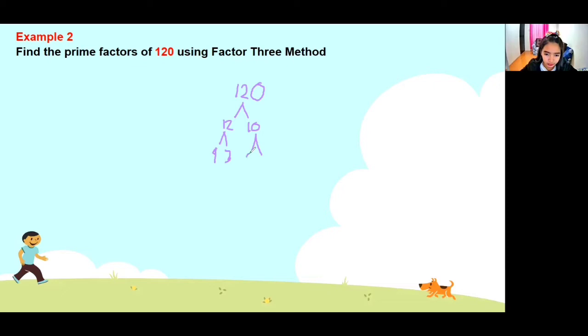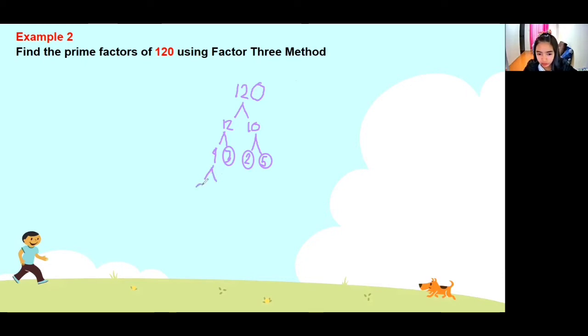Factors of 10, 2 and 5. Here we have highlighted the numbers 3, 5, and 2 as they are prime numbers. So the branches will stop here. However, 4 is not a prime number. So we need to continue the branches for this number only.